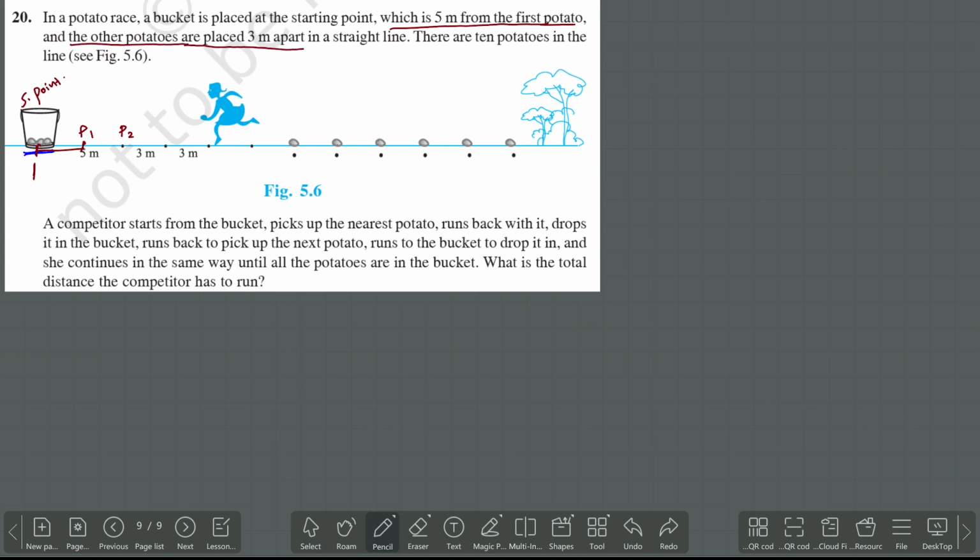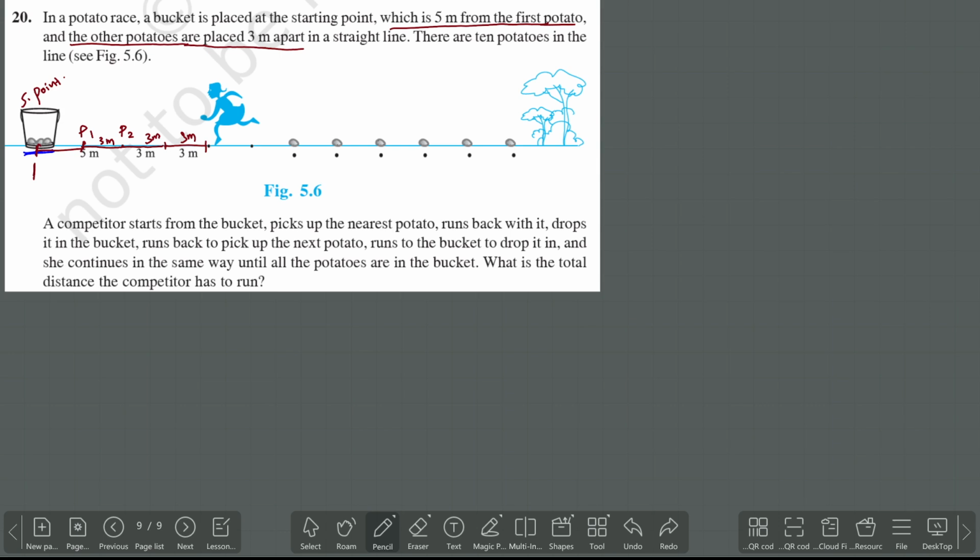So from the first potato to the second potato, how many meters? 3 meter. And next, how much? 1 more 3 meter. Like that. In each, the length is 3 meter.